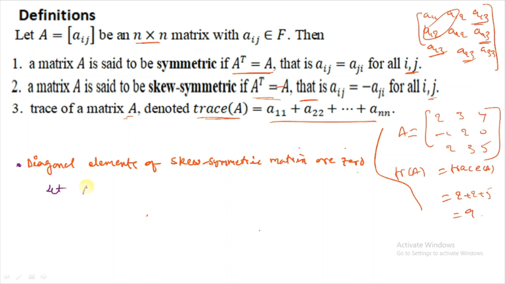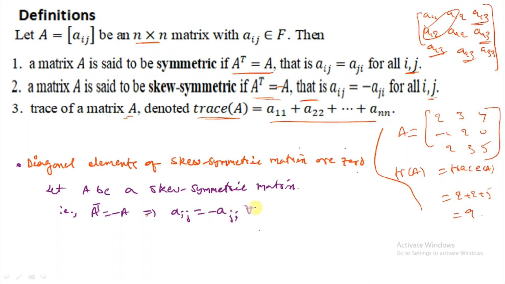Let A be a skew-symmetric matrix, that is, A transpose is equal to minus A. That implies Aij is equal to minus Aji for all i, j. It implies Aii is equal to minus Aii for all i, because we require only diagonal elements.